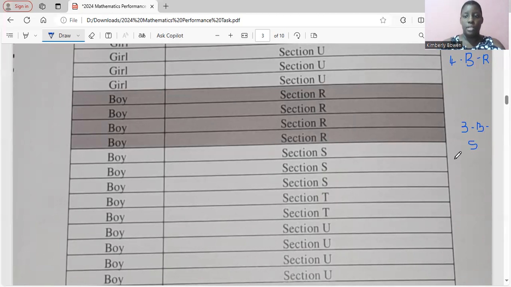Okay. Have to stay on the dark part there. And then how much? 2 boys for T.